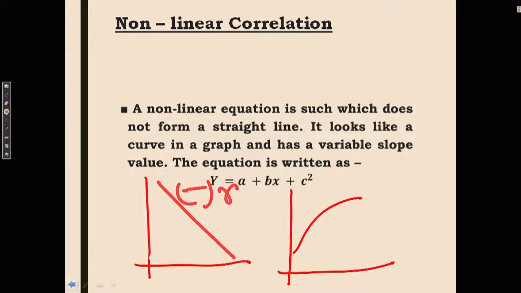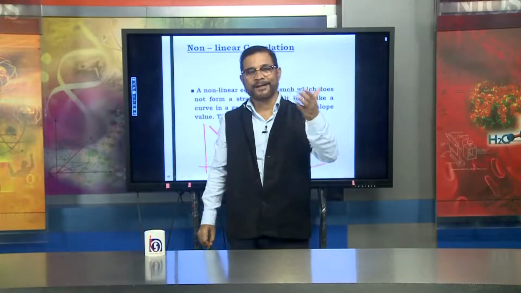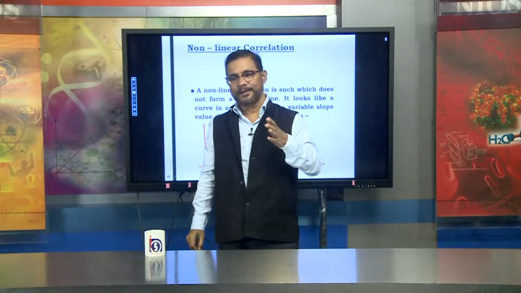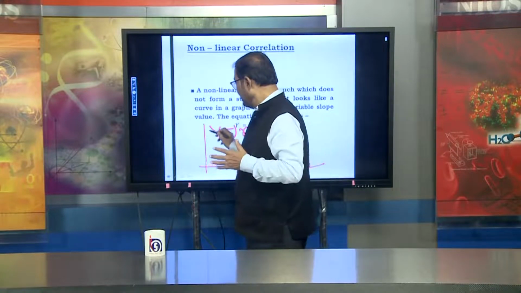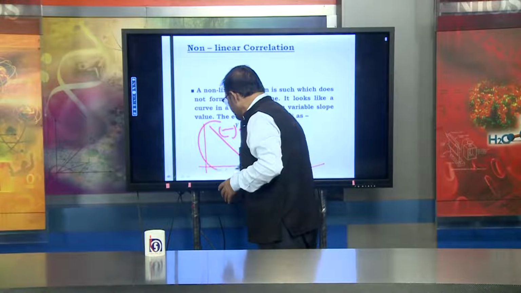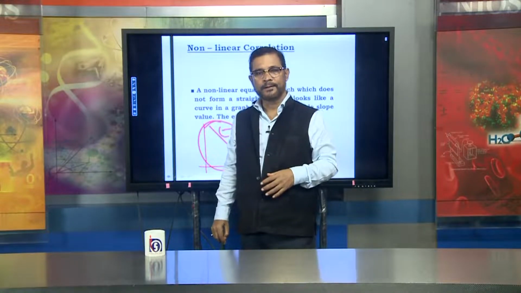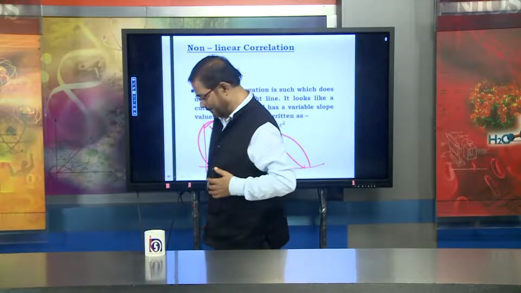That is symbolized as R. But here we see a curve like this, a curve like this. This is called a non-linear curve, negative. Downward and upward sloping, increasing and decreasing. So this way, I am giving you a hint that here we are very much concerned about the straight line. Okay? Let us move further.